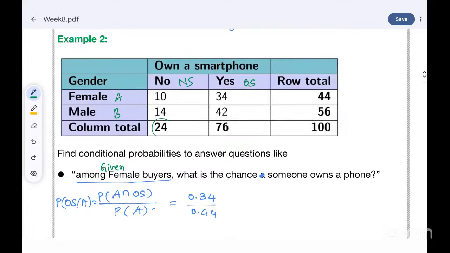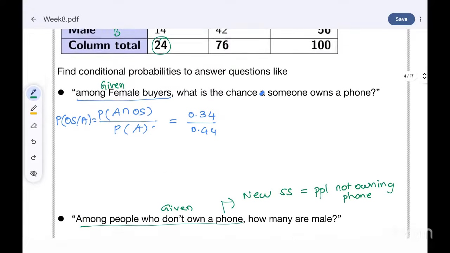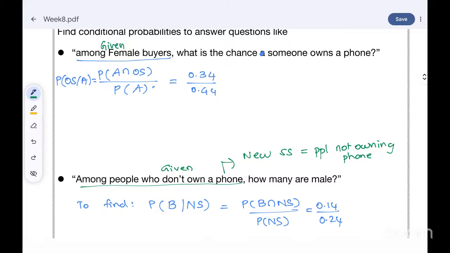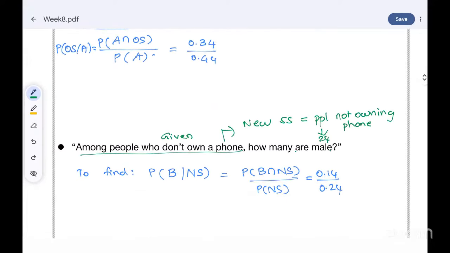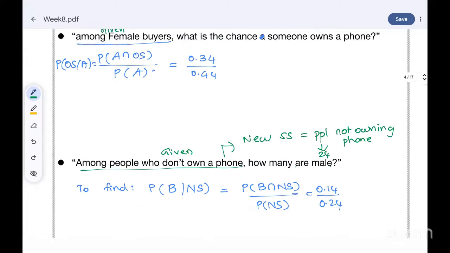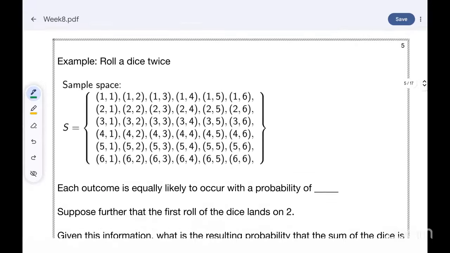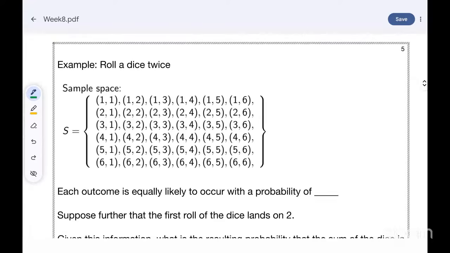You see there are 24 people who don't own a phone. And out of that, they are asking how many are male. Out of 24, how many are male? 14. Okay. Shall we move on? So now let's look at the next example.